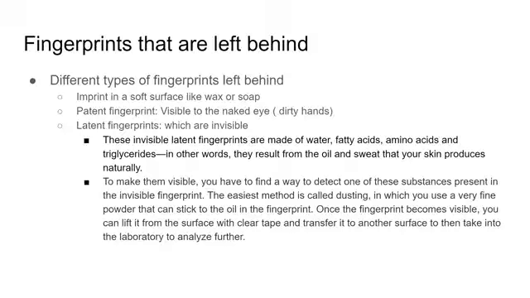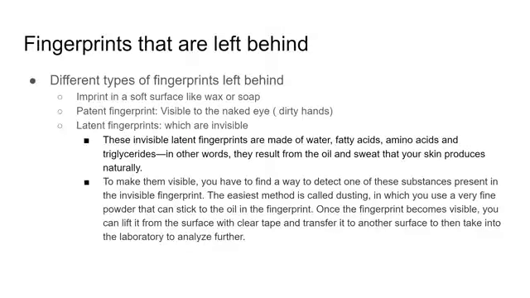To make them visible, you have to find a way to detect one of these substances present in the invisible fingerprint. The easiest method is called dusting. If you've ever had a police officer come out to investigate whether your house or your car was broken into, they may have dusted for fingerprints.